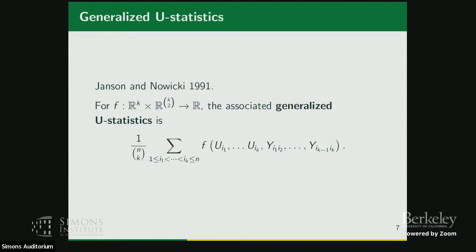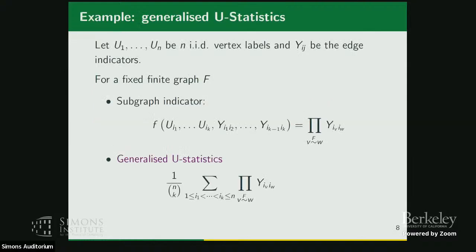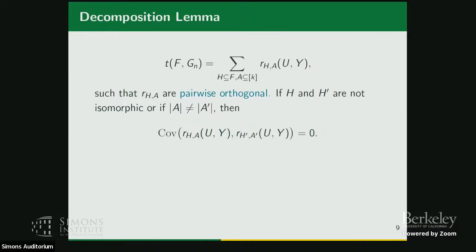Now, what Janson and Nowicki show is that the generalized U-statistic also has a very nice decomposition. But what they have used is that they want these Y_ij to be independent variables, which may not be the case for a general graphon, because there is a node dependence for each interaction ij and ik. There is a common vertex label Ui sitting there, which makes Y_ij and Y_ik dependent. They are not independent anymore.